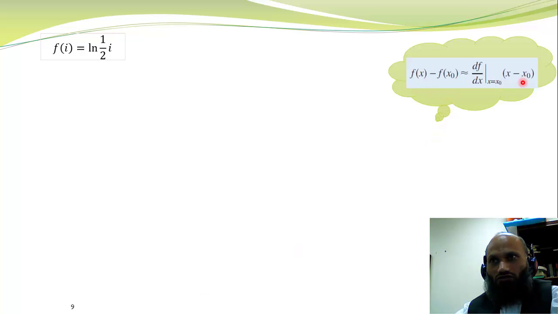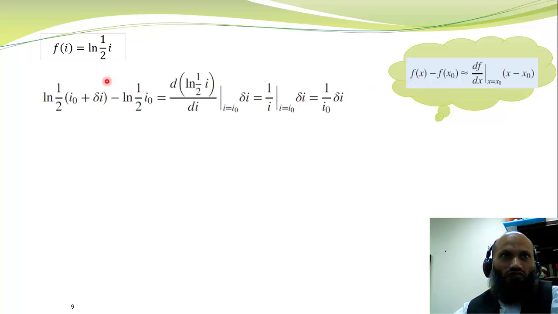We have already talked about this Taylor series approximation. So f of x minus f of x naught, the function evaluated at the equilibrium point, operating point, is equal to the derivative of that function with respect to the input variable, the current, evaluated at the operating point, multiplied by delta I, that is x minus x naught.